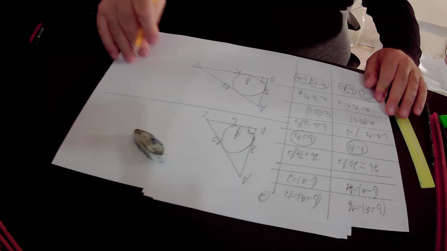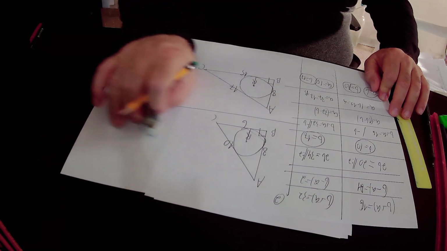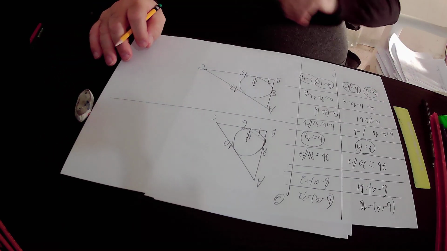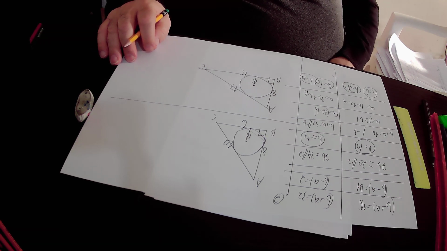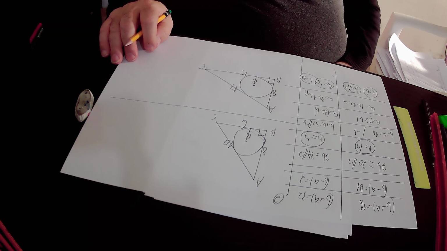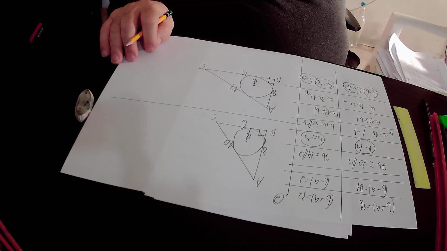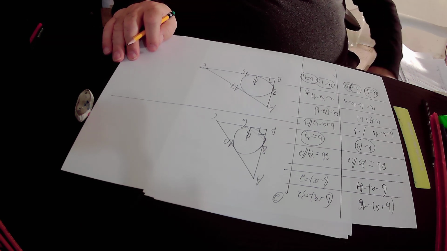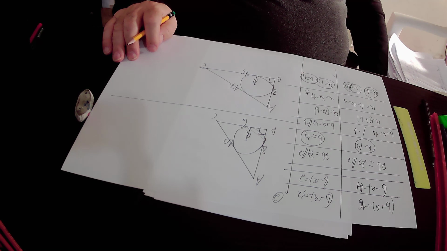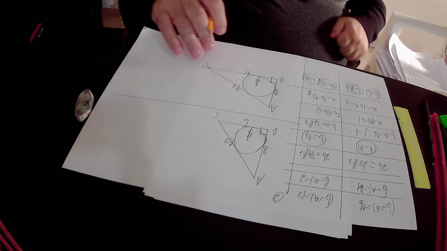Okay, so we have two options for the solution of the question. There are two possibilities for the right triangle that we have here.